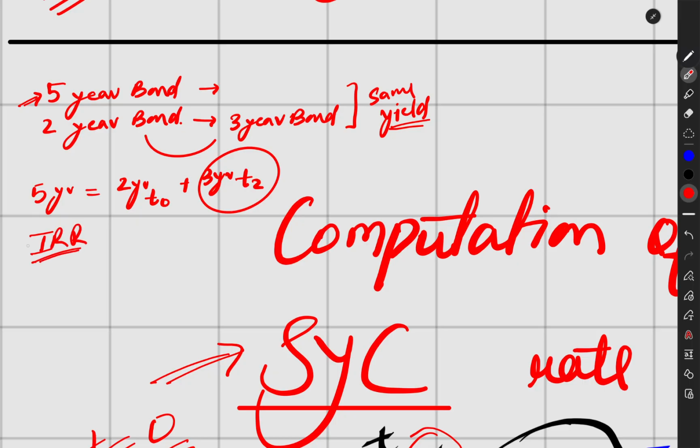You get the value of the T5 bond and the T2 bond, but you don't know the value of the T3 bond. So you get the T3 bond value, and then you can find the IRR for the T3 bond, and that's how you get the forward rate at T2 for 3 years.